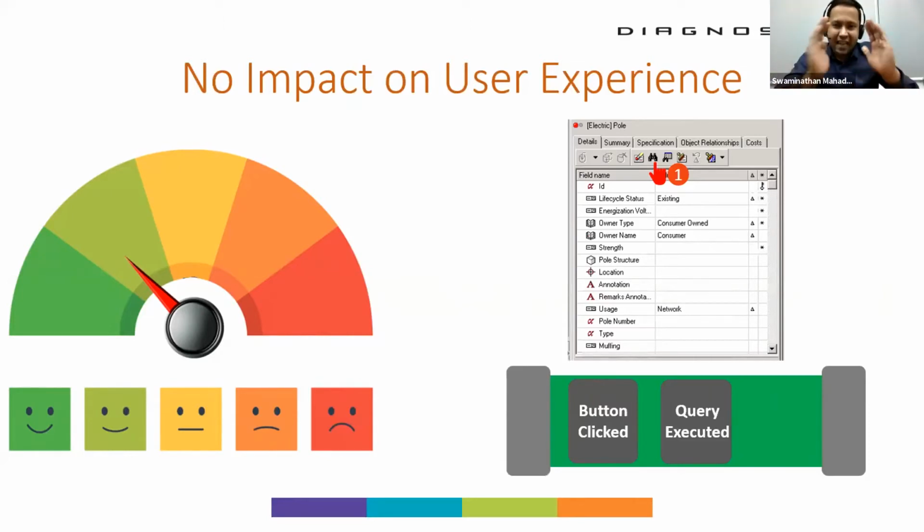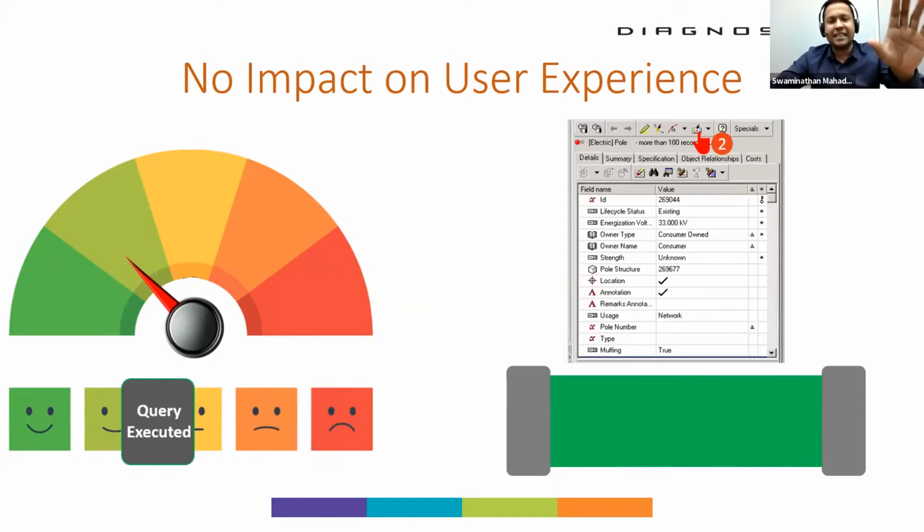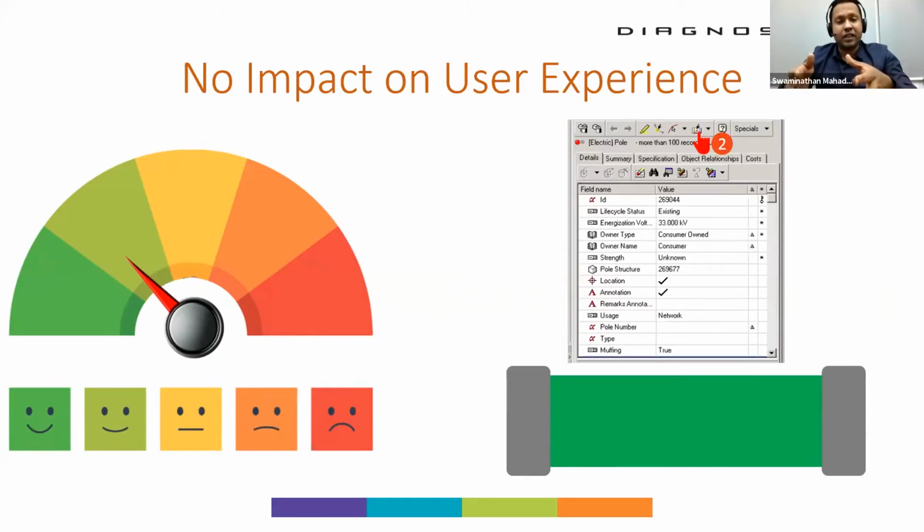Both these events are placed in a queue, and diagnostics waits for the user to complete his action before sending them out for processing. It just waits. As soon as the action is completed, the editor is populated, and just before the user clicks on the go to button, diagnostics senses this millisecond of idle time in the system, and it immediately sends out the data it had stored in the queue for processing.